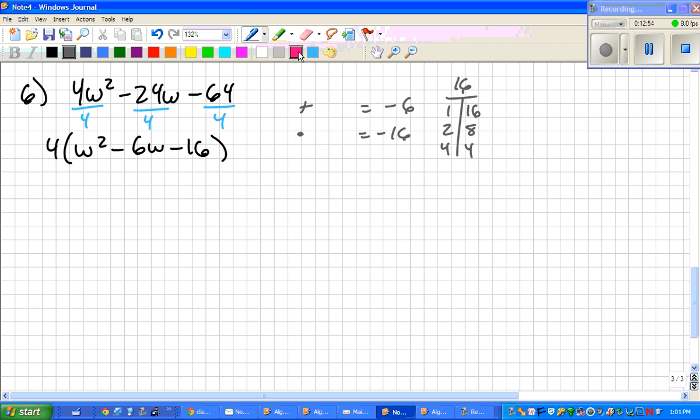Okay, so it's 2 and 8, and the 8's going to be negative. Don't forget about your 4. w squared plus 2w minus 8w minus 16. Okay, whichever way you want to do it.